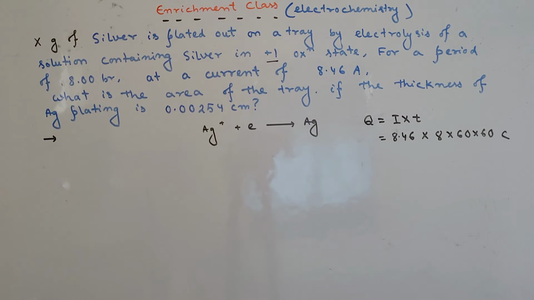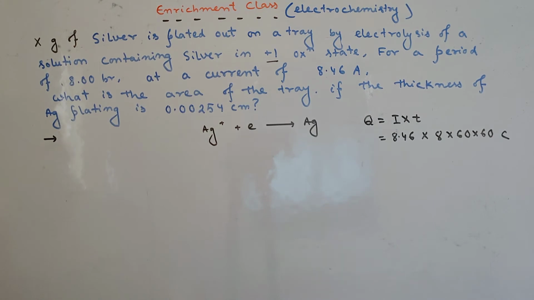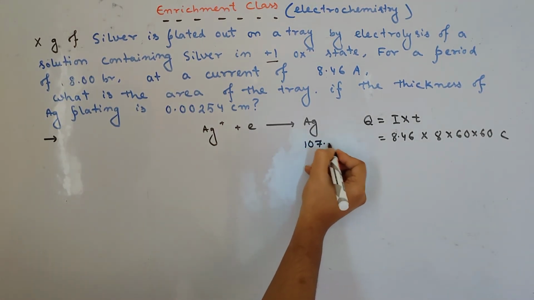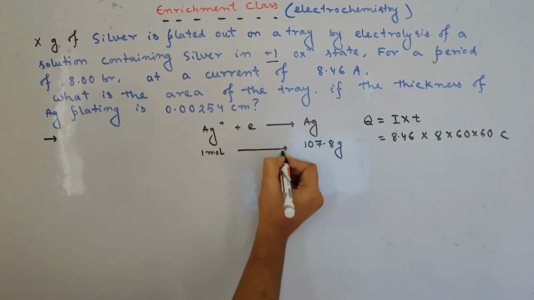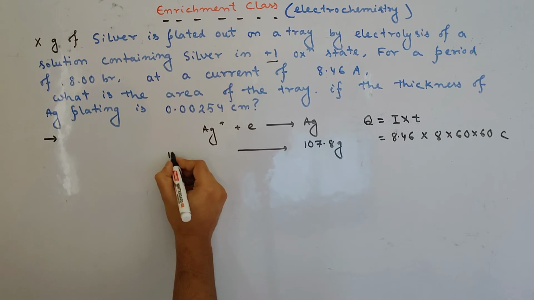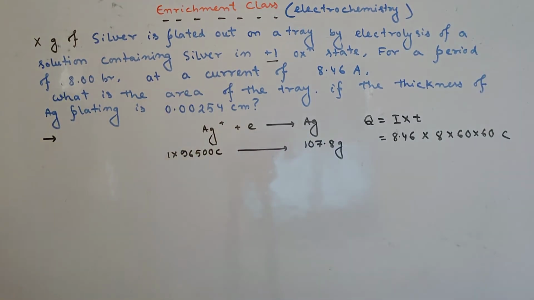In this particular case, since it is one electron transfer, and for silver we know it is 107.8 gram from 1 mole, we can say 1 into 96,500 coulomb will give this.